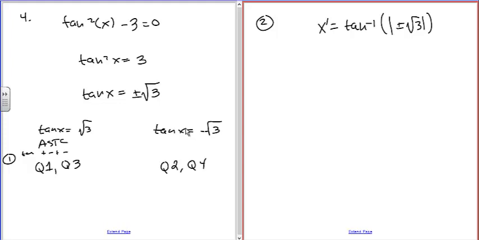So you get the inverse tangent of the square root of 3, and that is 1.047, etc. Divide that number by pi, and you get 0.3333333 pi, which is pi over 3.